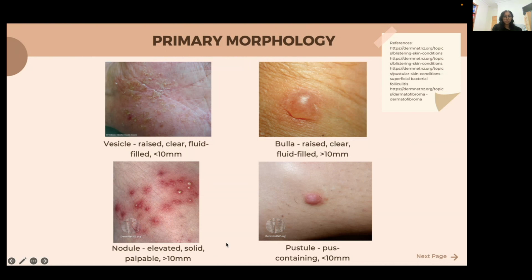Then we have nodules. So nodules are very similar to a bulla. The main difference is that it's more solid compared to the bulla. So the bulla was filled with fluid, whereas the nodule is solid. And then pustule. So a pustule is small, like a vesicle, but the main difference is that it's filled with pus rather than the clear fluid that you would have in a vesicle.